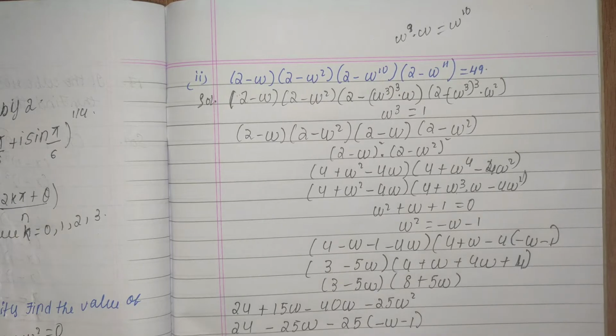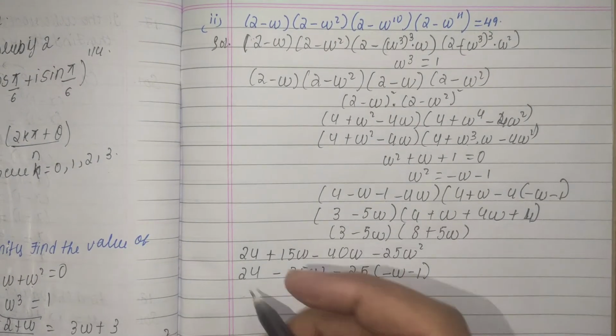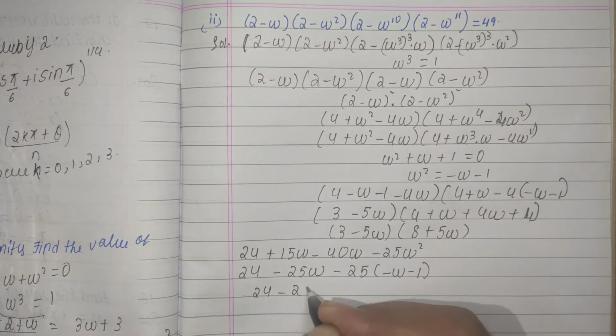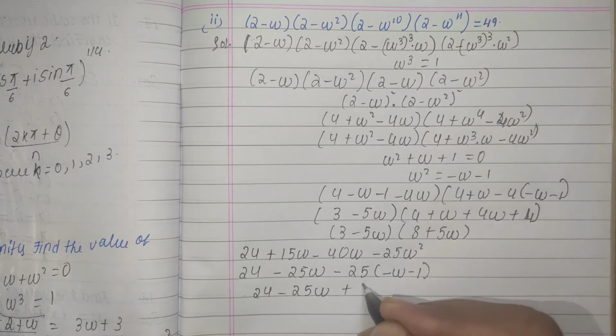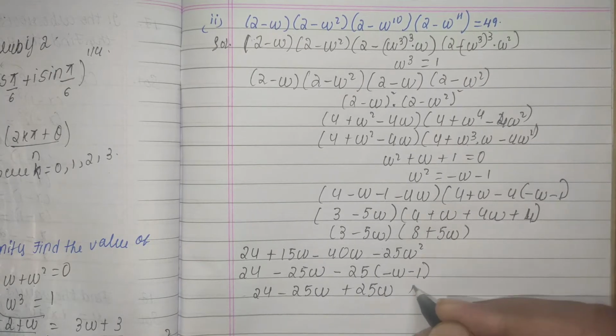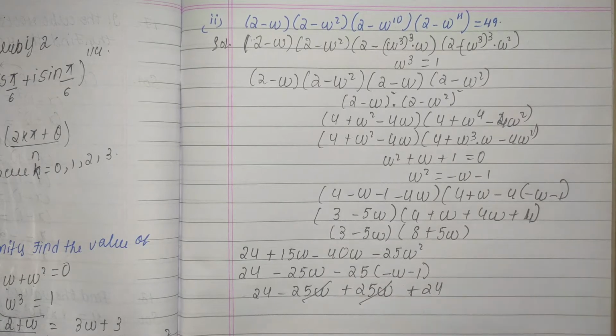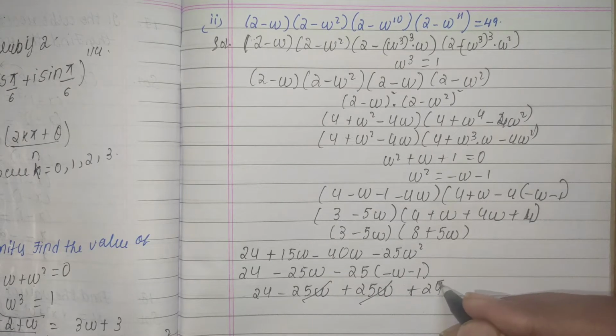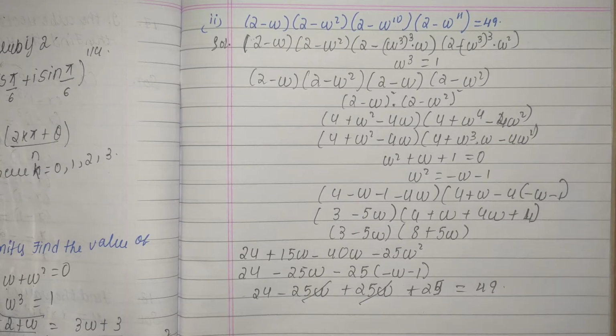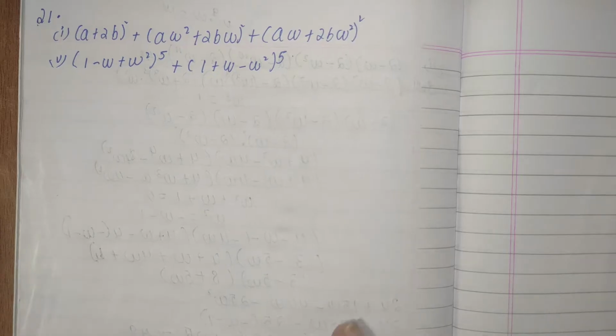So this becomes 24 minus 25 omega plus 25 omega plus 25. Minus 25 omega and plus 25 omega get cancelled. So this is 25. 24 plus 25 is 49. So that's proved. I hope you have understood the previous sum.